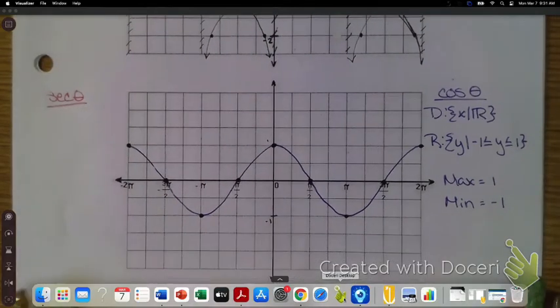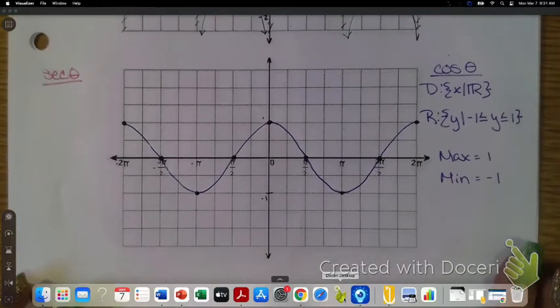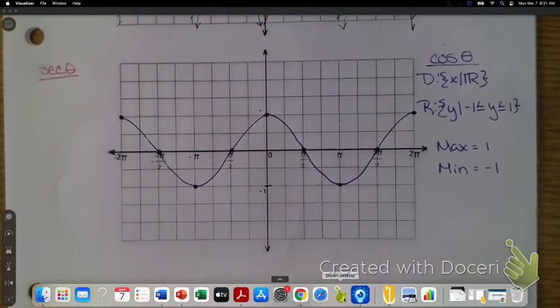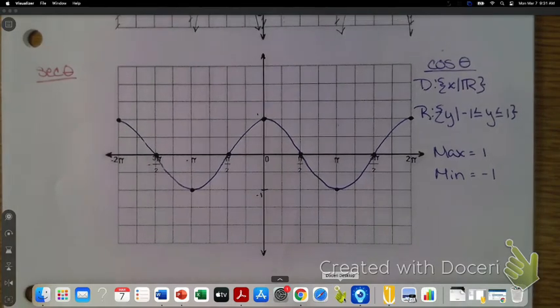Okay, so let's go on to secant. How are we going to build secant? The same way we did with cosecant, right? We're going to start by putting in asymptotes. Where do asymptotes go? On the zeros, so where it crosses the x-axis. So it is not 0, pi, 2 pi. It is where?